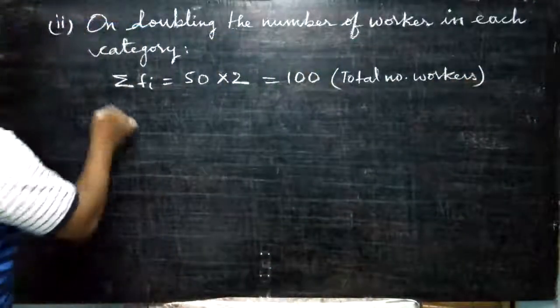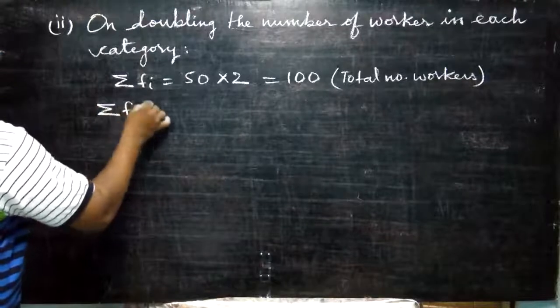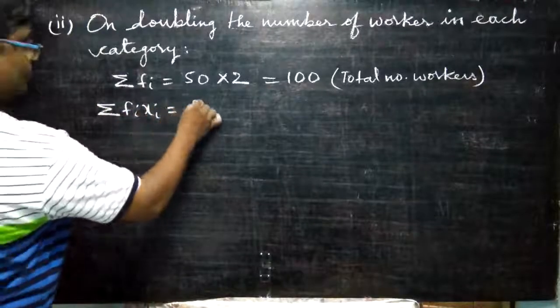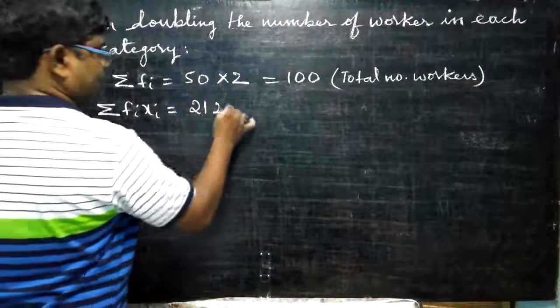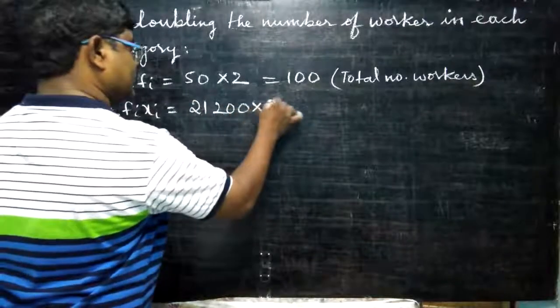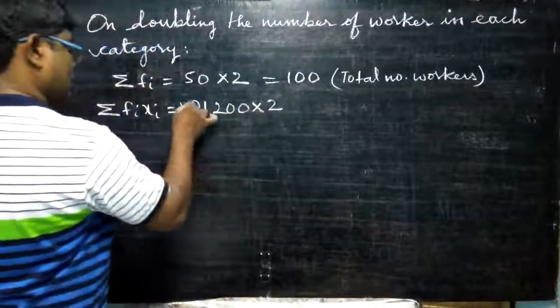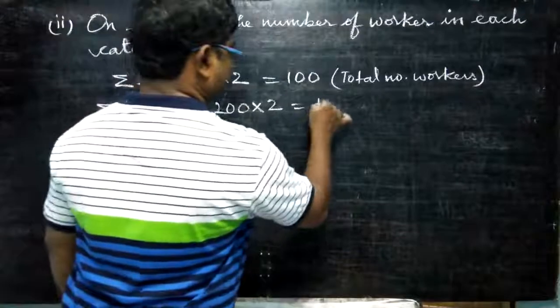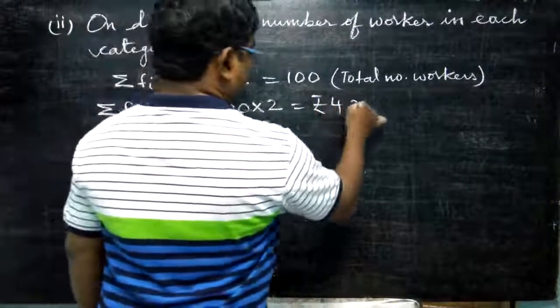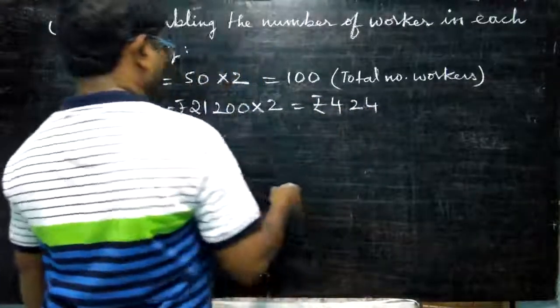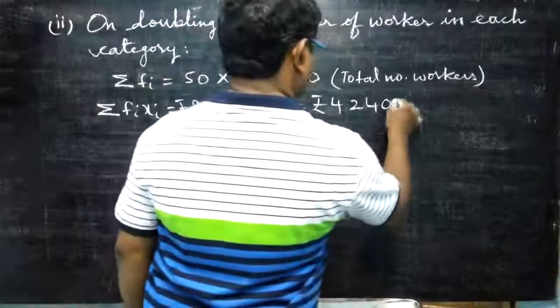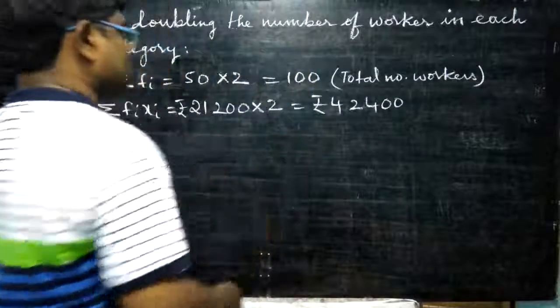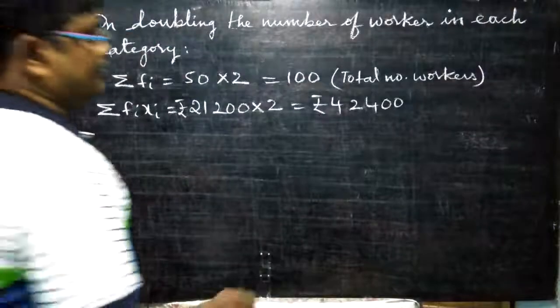Now sigma Fi xi, how much did we get before? 21,200. Doubling means into 2, so this is rupees 42,400. So this is the total amount.